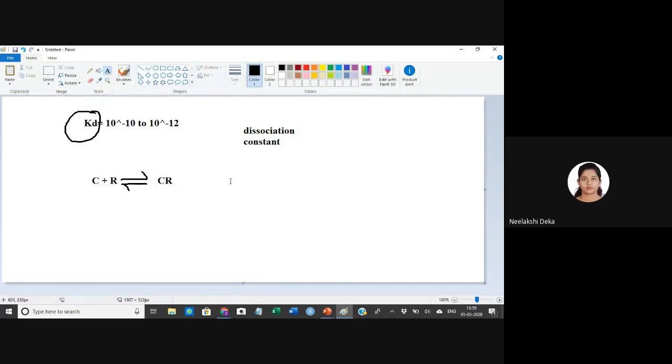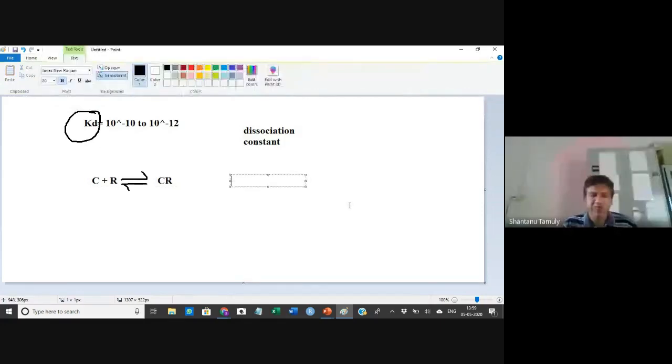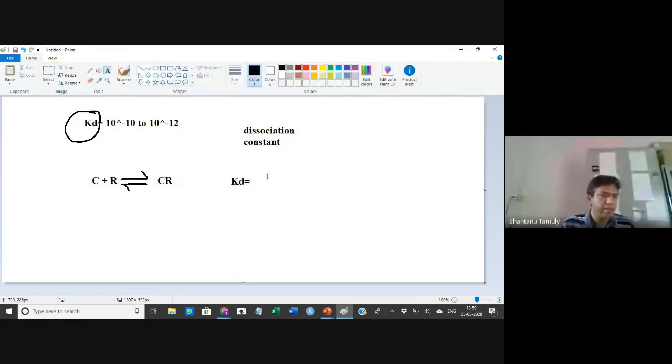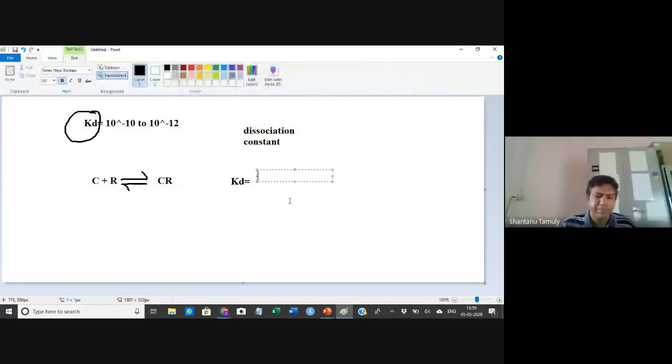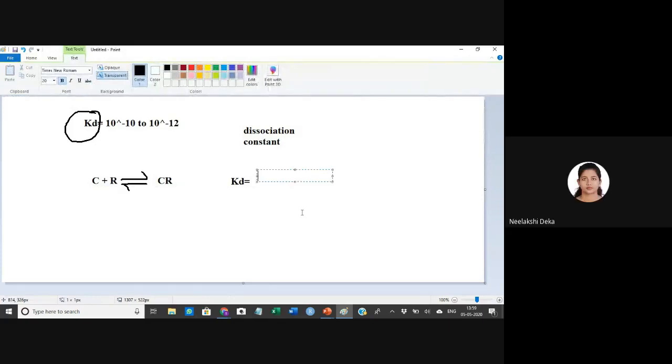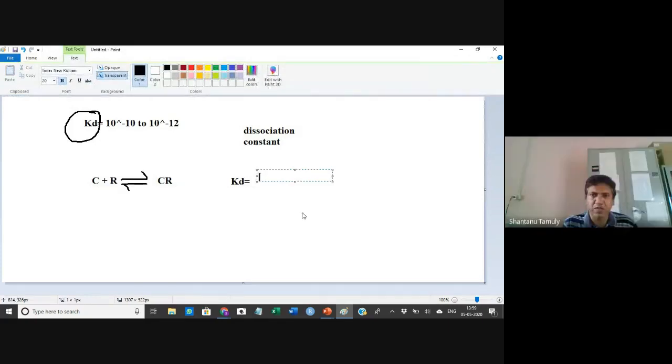KD is equal to, the square bracket indicates the concentration.